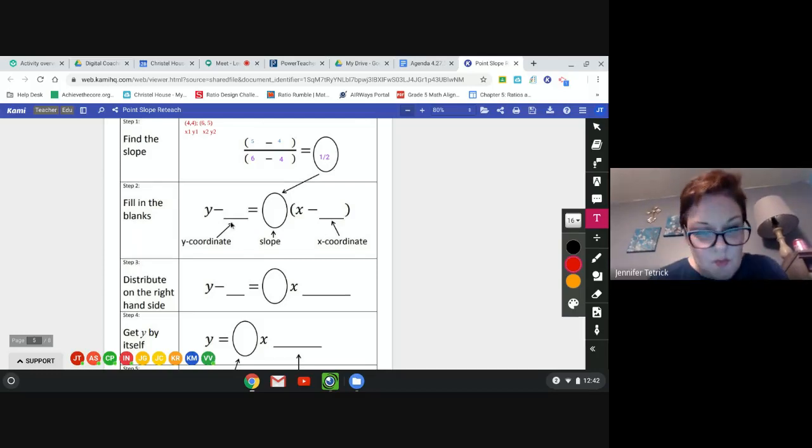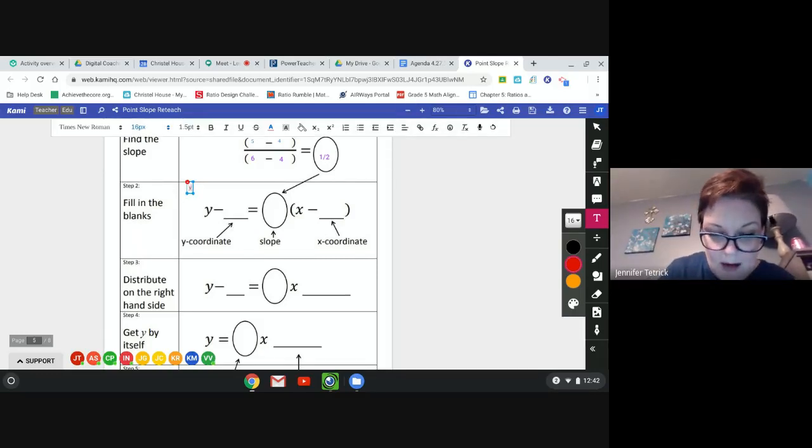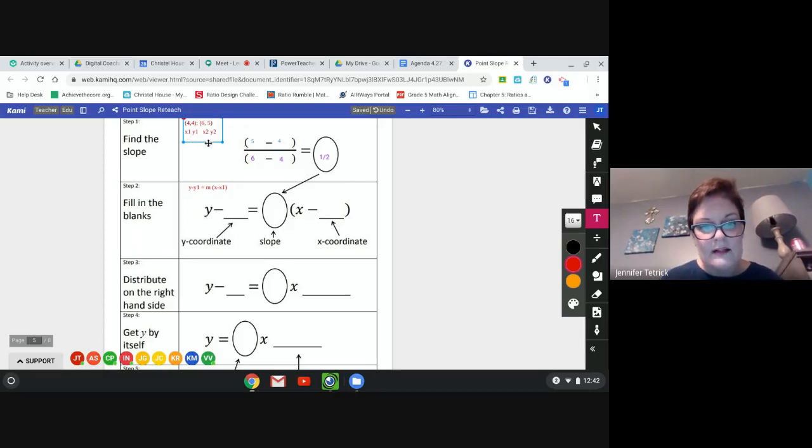So look, again, I'm going to type the formula here to help you. Y minus Y1 is equal to M times X minus X1. Look at your given points. Do you have an X1 and a Y1 that you could put here and here?